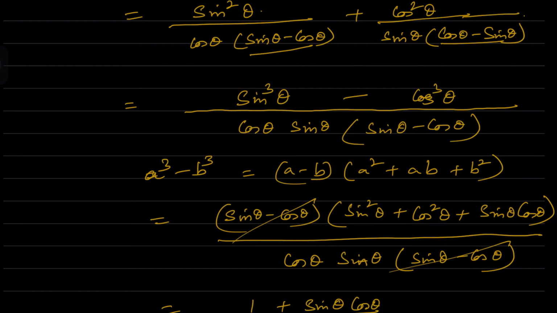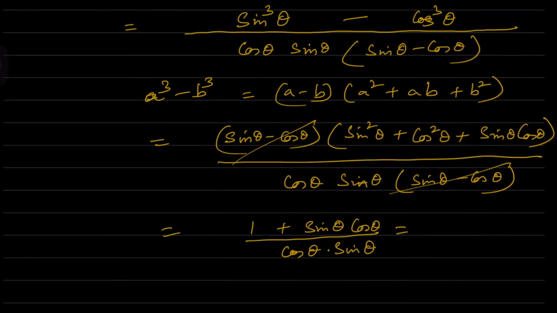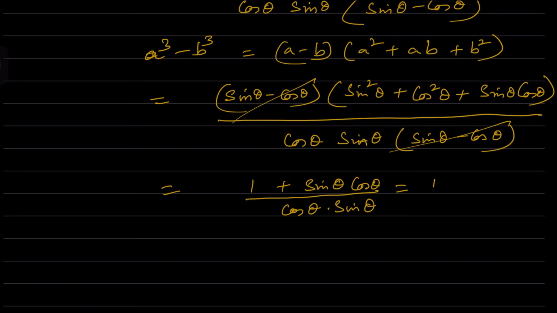cos theta into sin theta, which is equal to, now you can write this separately as 1 by cos theta into sin theta plus sin theta into cos theta divided by sin theta into cos theta. So you can cancel out this.